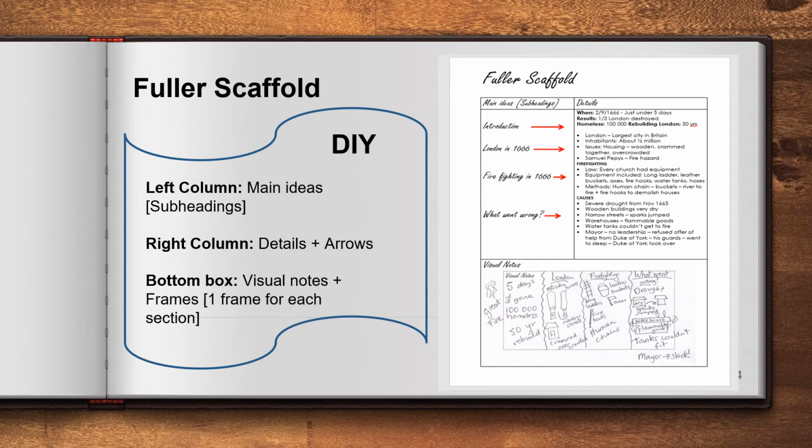Each visual note has a little frame around it so they don't get all muddled up together. So this isn't a summary yet, but this is a set of notes that will be really useful to form a summary.